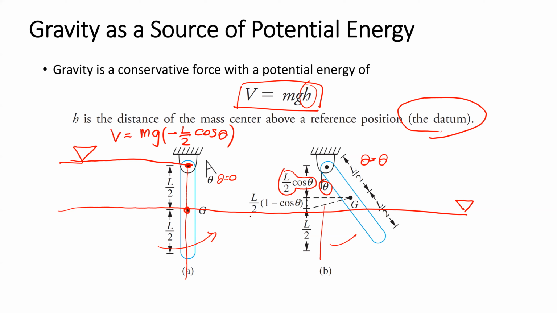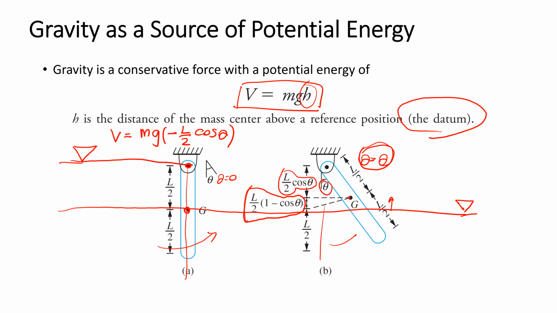The distance here is the function of the theta, and the CG position always be positive from the datum point, always be higher than the datum point, and the magnitude of this distance is also the function of theta.